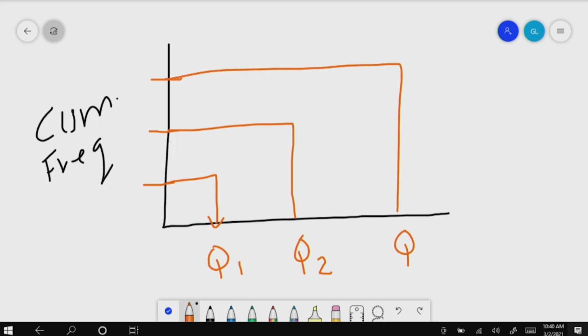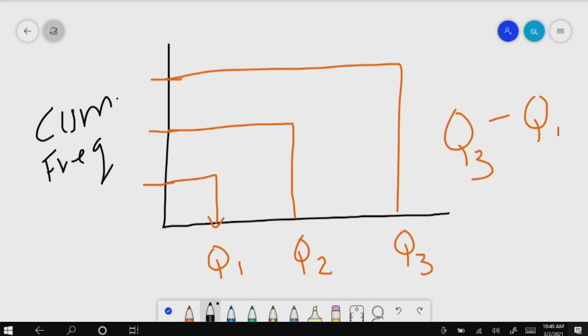Now our interquartile range would have been found by taking the Q3 value and we less the Q1 value. That would have given us the interquartile range.